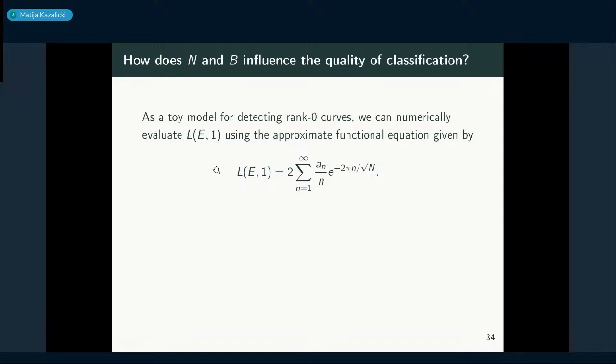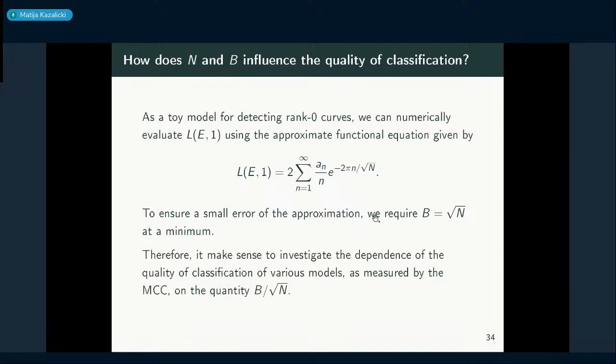For that, we can numerically evaluate the L-function at point 1 using the approximate functional equation, and we get a formula of the following form. Now we can see from the square root of n appearing in the exponential function that, to have any chance of getting information about the rank from this formula, we have to choose this B to be at least around the square root of n at minimum.